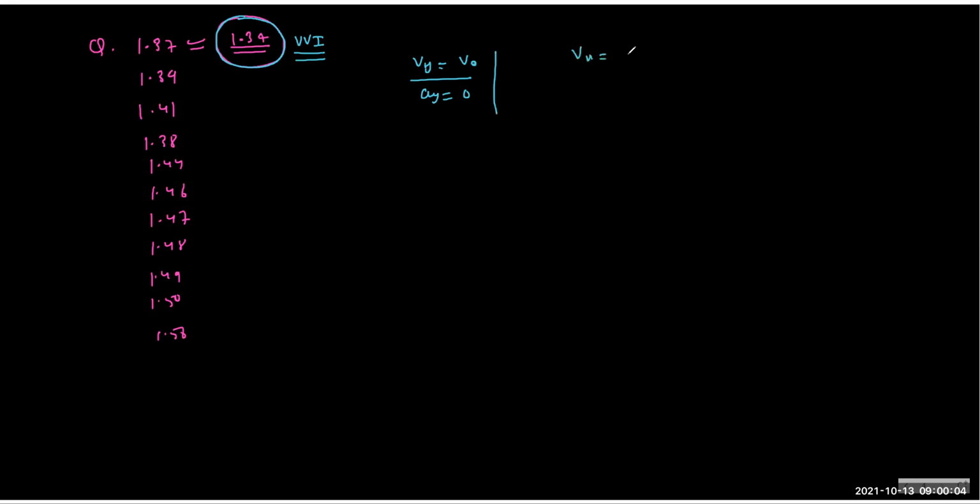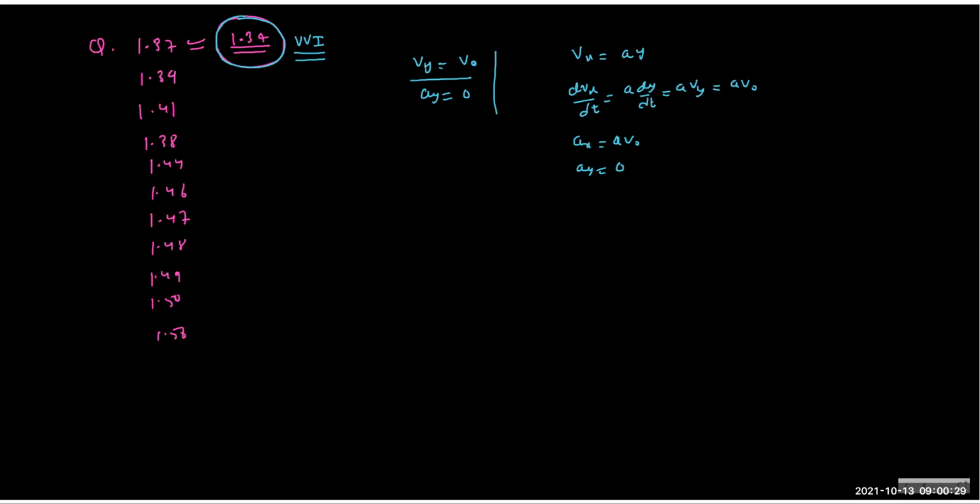And vx is how much? If you differentiate, dvx by dt is a dy by dt, and dy by dt is vy, which is v naught. So we got ax equals a v naught and ay equals 0. So the only acceleration we have is the horizontal acceleration.